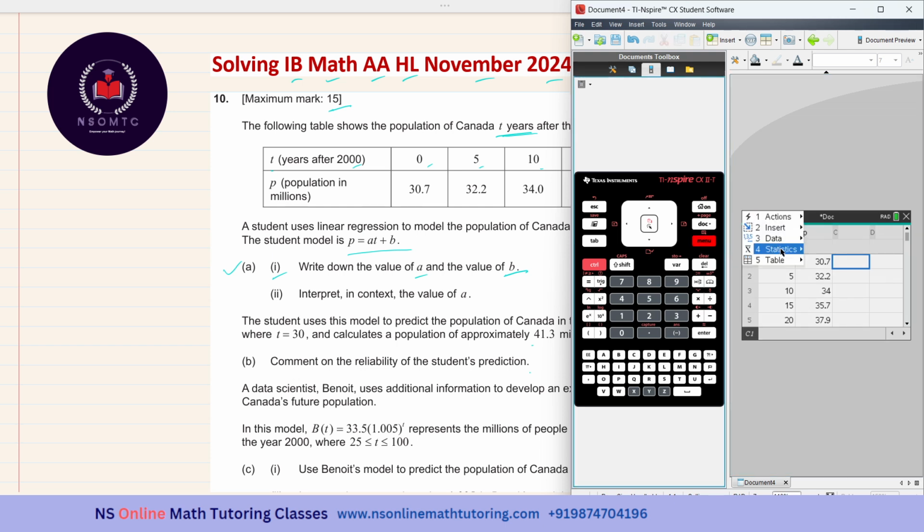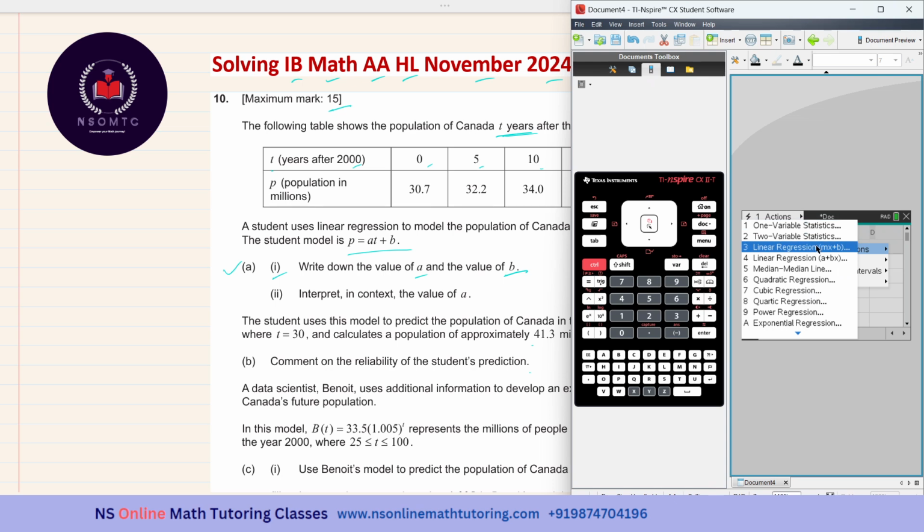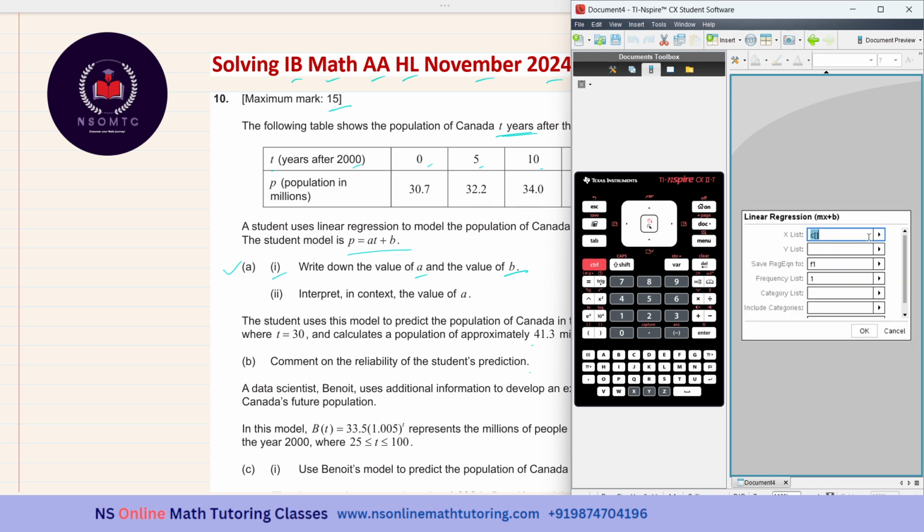Let us come to menu and then statistics and then stat calculations, and then we need the linear regression. So we will be opting for this mx plus b. You are seeing it is a equal to a t plus b. For the x list, we can see you are having p and t. So if you name the two columns, it becomes easier.